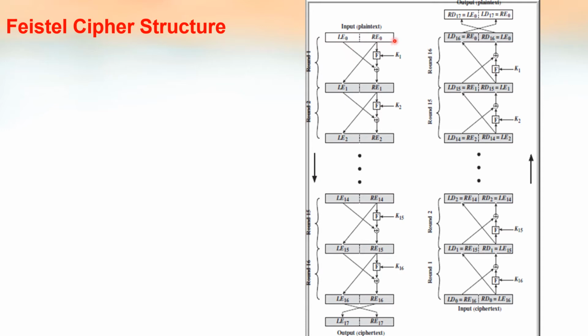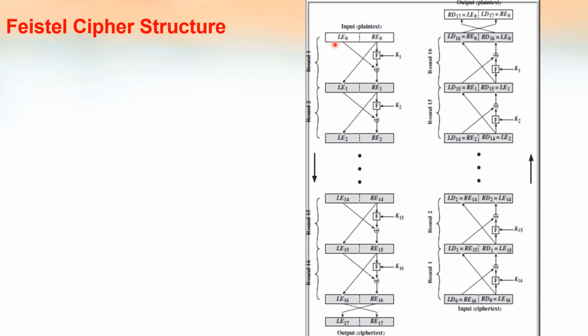For the right side, we give the right half RE0 to a function f, which is called the round function. A sub key is also given to this function, sub key K1. Sub key means it is part of the main key K. The output of that is given to an XOR function.